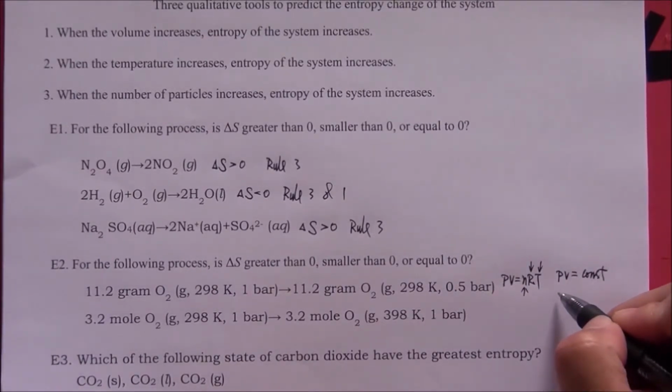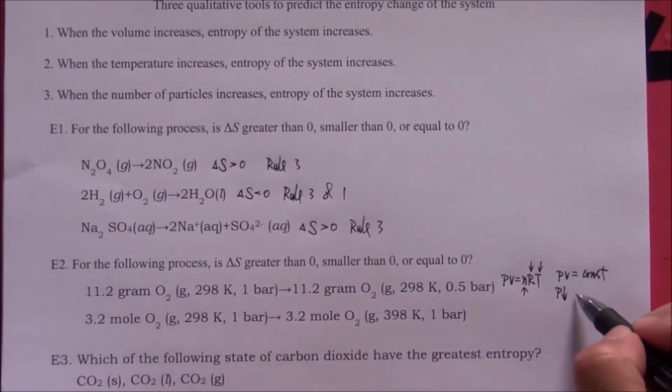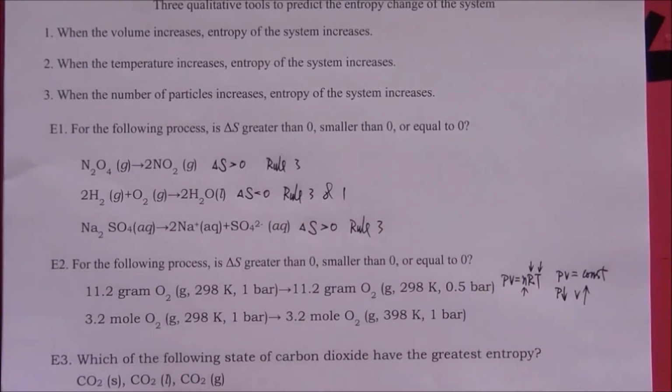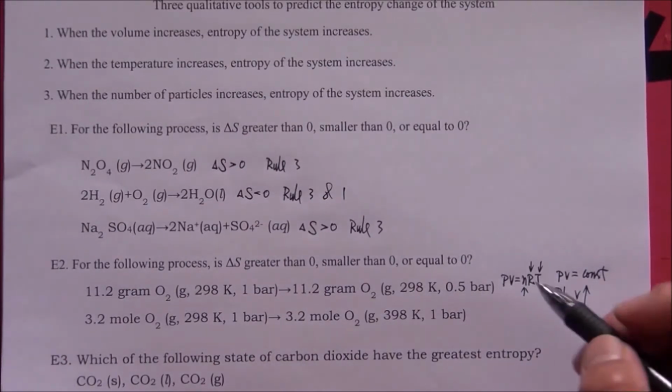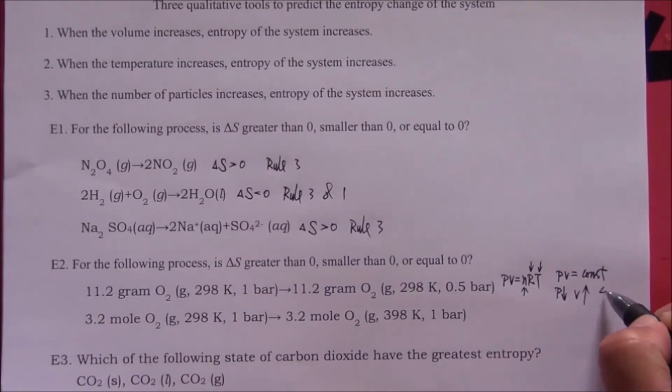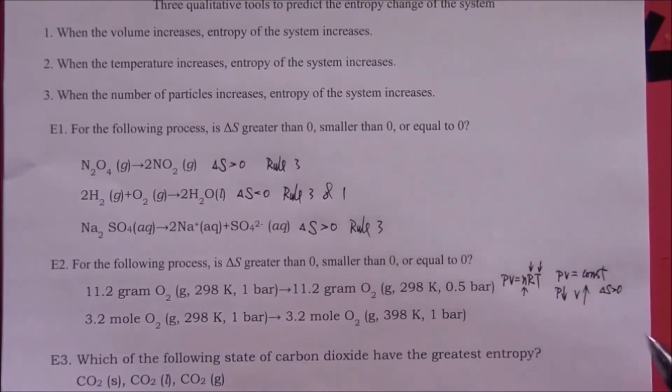If the pressure decreases, the volume should increase. According to rule number 1, the entropy should increase. So delta S is greater than 0 according to rule number 1.